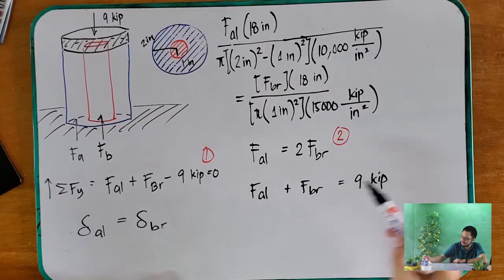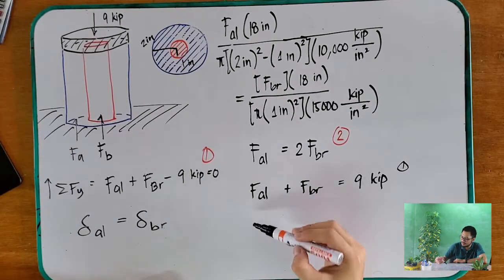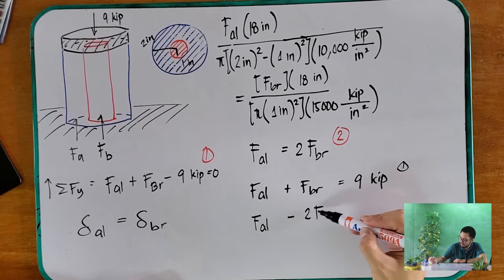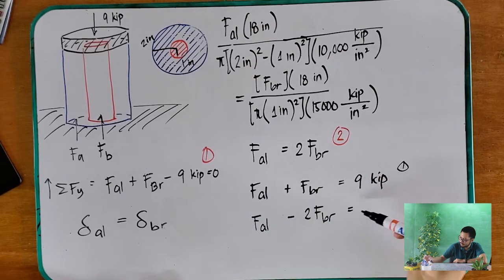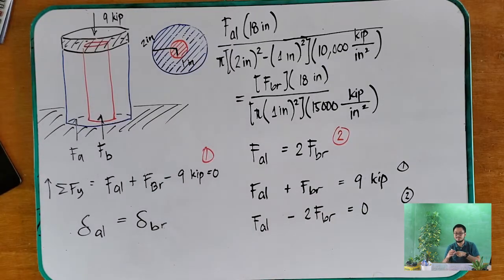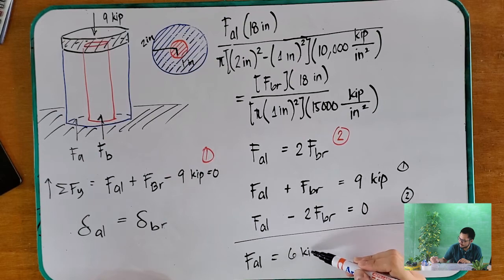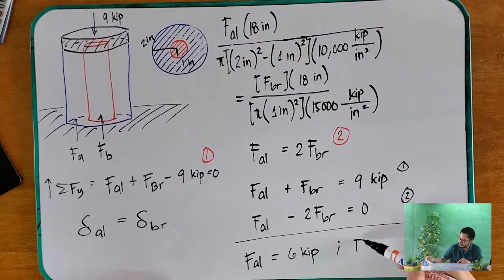So this is your first equation. For your second equation, F aluminum minus 2 F BR is equal to 0. And therefore, by using your calculator, you can solve for your F aluminum as 6 kilopounds, and for your bronze, 3 kilopounds.